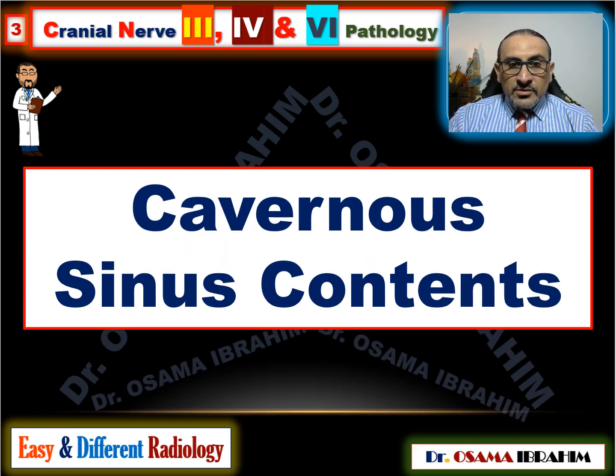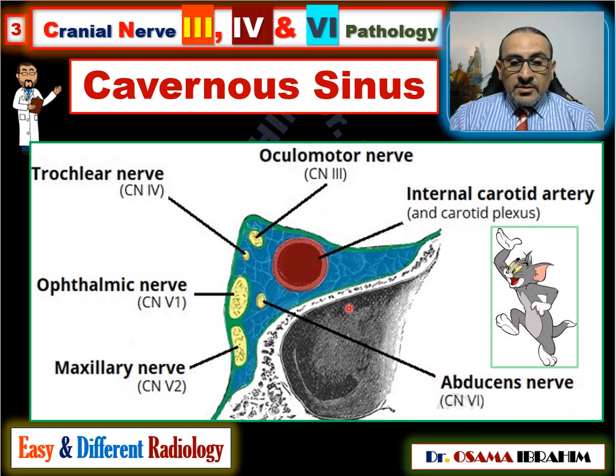Let us talk about the cavernous sinus anatomy. The cavernous sinus is the area superior to the sphenoid sinus, and it is mainly composed of cavernous venous plexuses and the internal carotid artery.